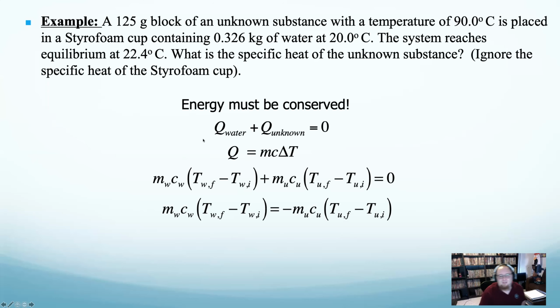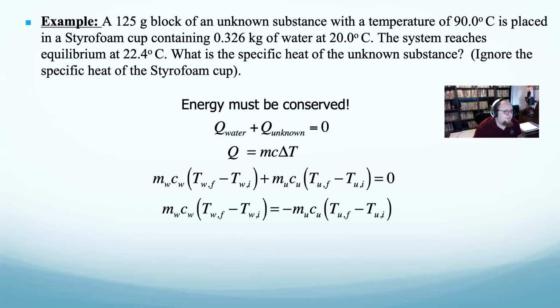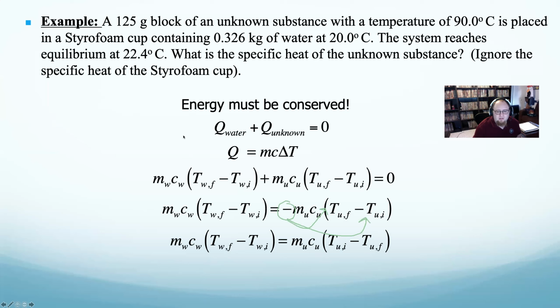And I'm going to do something kind of interesting here. This is kind of a trick, but I think it makes life easier. I have this negative sign, and I'm going to bring this negative sign in here. What that's going to do is reverse it and get rid of the negative sign. Instead of final minus initial, we'll make it initial minus final. That makes sense?